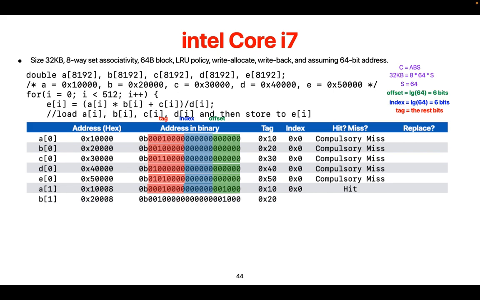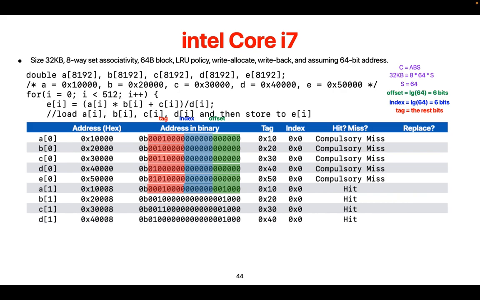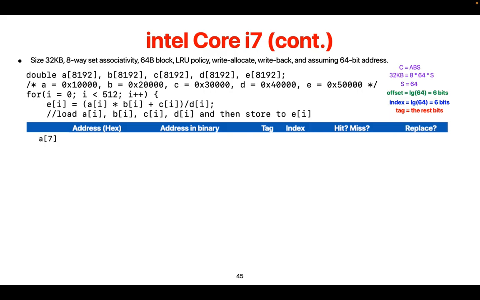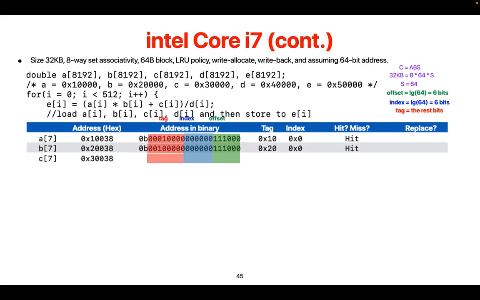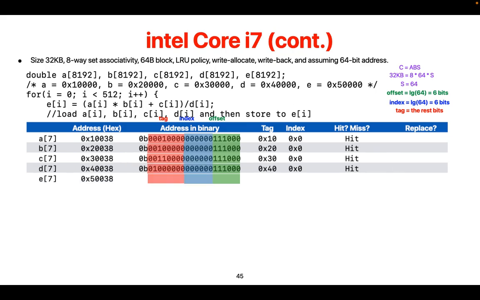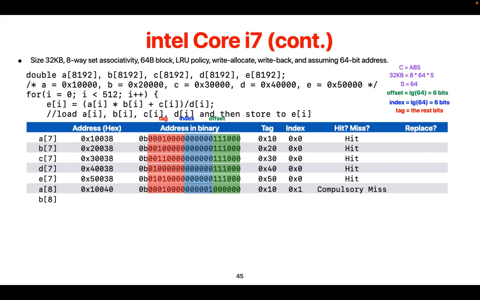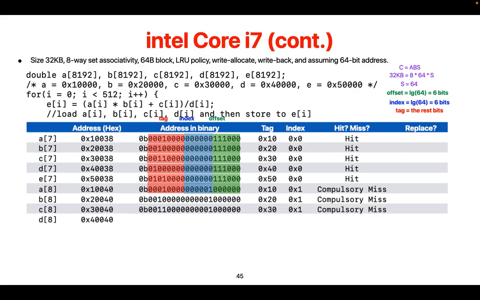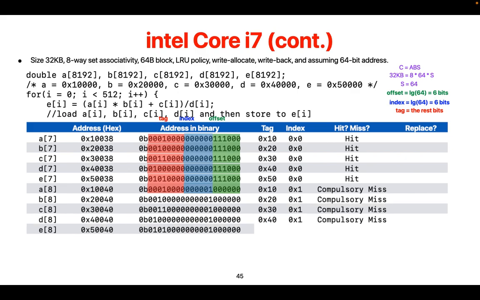So the remaining miss we have is simply because the first time we have to load each block in a cache. So meaning that the only misses you're going to see are compulsory misses, which means that 100% of them are compulsory misses, right?